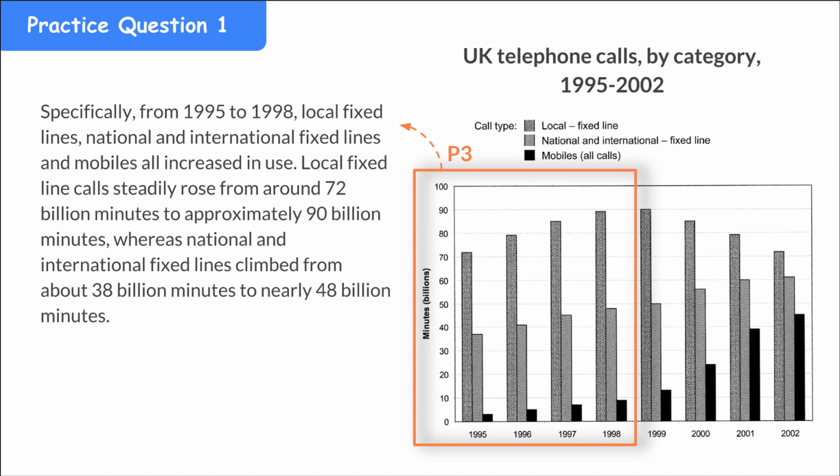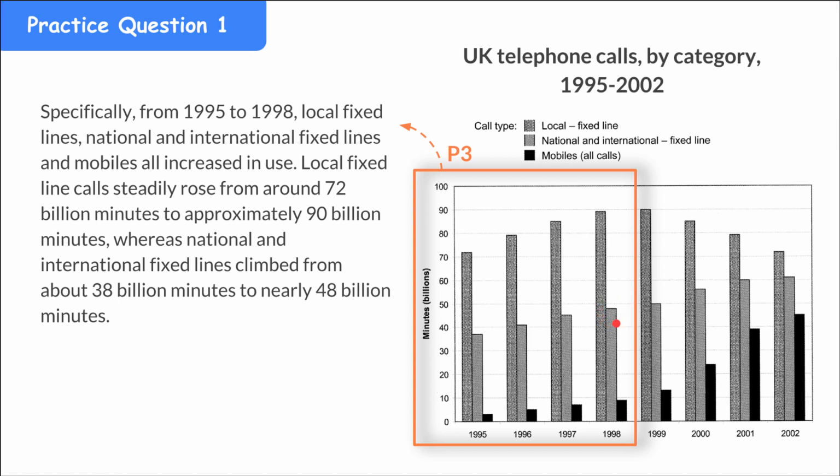So make sure to always use words such as around and approximately to maintain accuracy. So we're saying that local fixed line calls steadily increased, whereas national and international fixed lines also increased. So again, we are estimating the numbers. We're saying that national and international fixed lines increased from about 38 billion minutes to nearly 48 billion minutes.